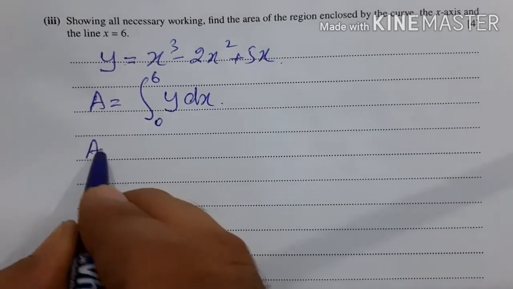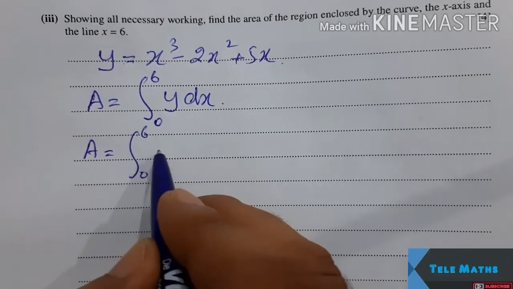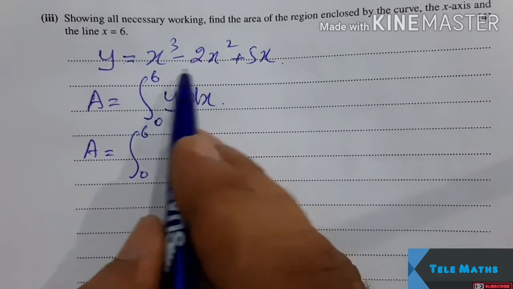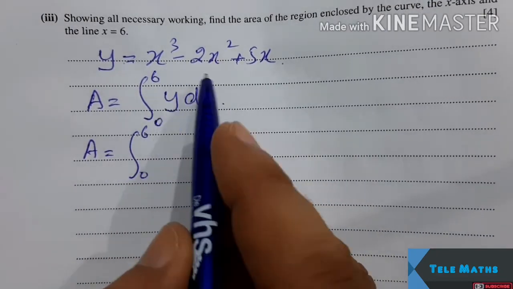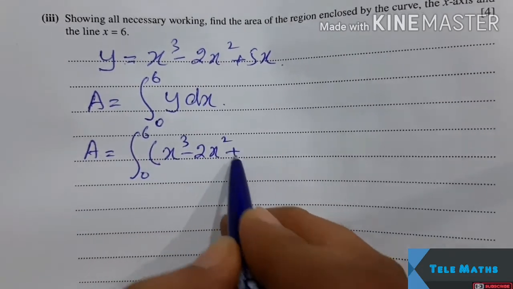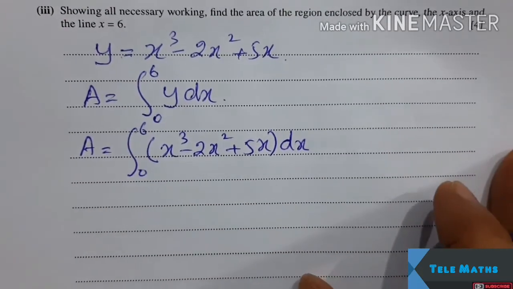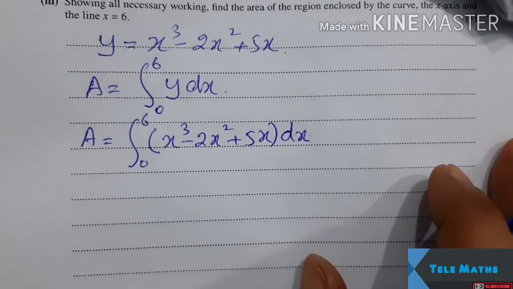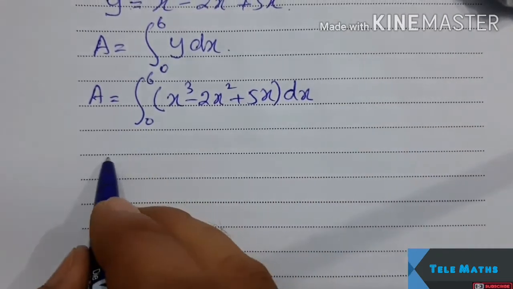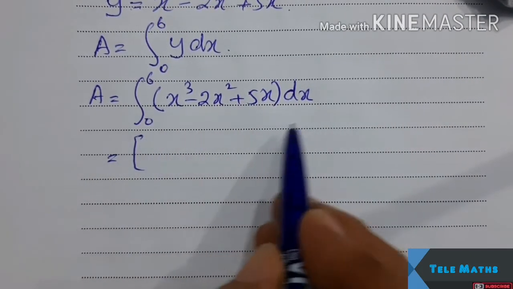So area is equal to the integral from 0 to 6 of x cube minus 2x square plus 5x dx. Okay. So we'll integrate this.